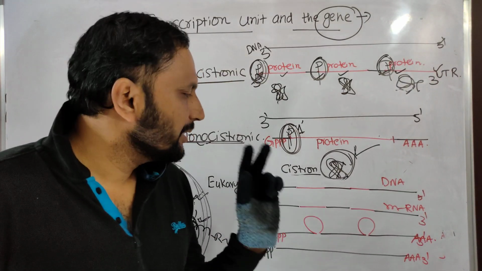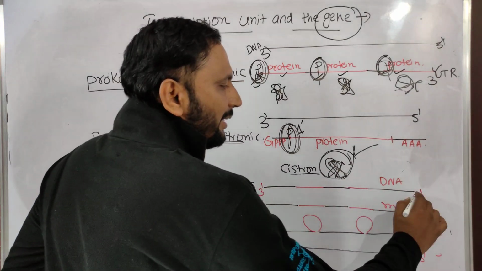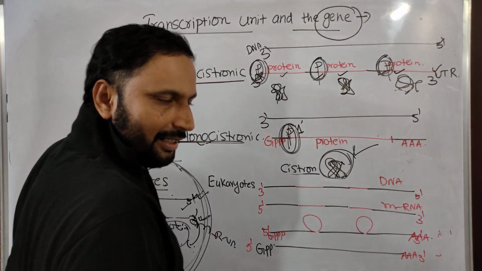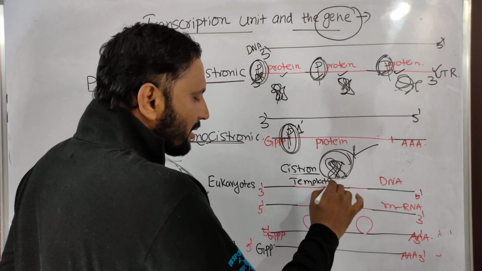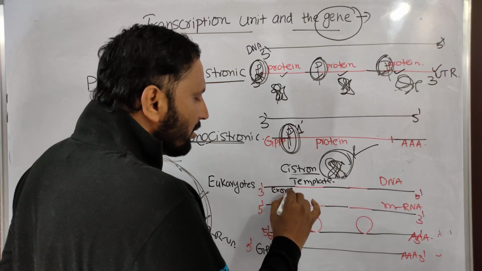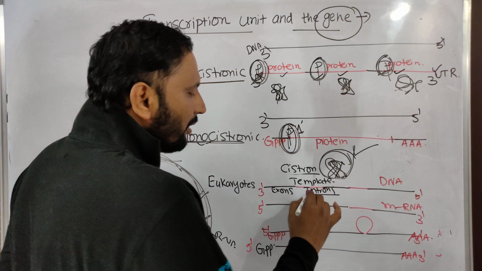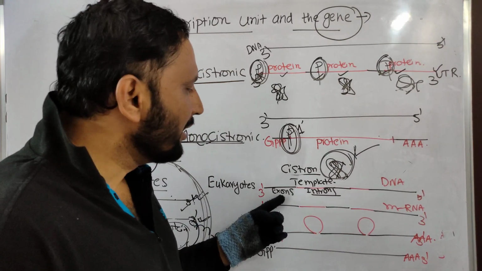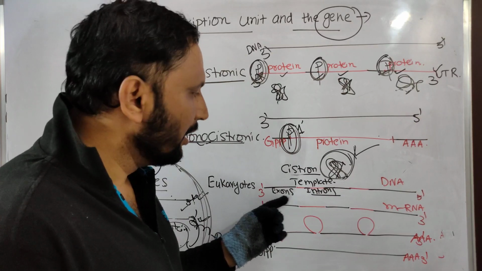Whereas in eukaryotes, there is a change. In eukaryotes, this is the DNA strand, the 3 to 5 prime strand. It is a template strand. Look at the template strand, which consists of both exon and intron sequences. Exons are the coding sequence, the useful nucleotide sequence.